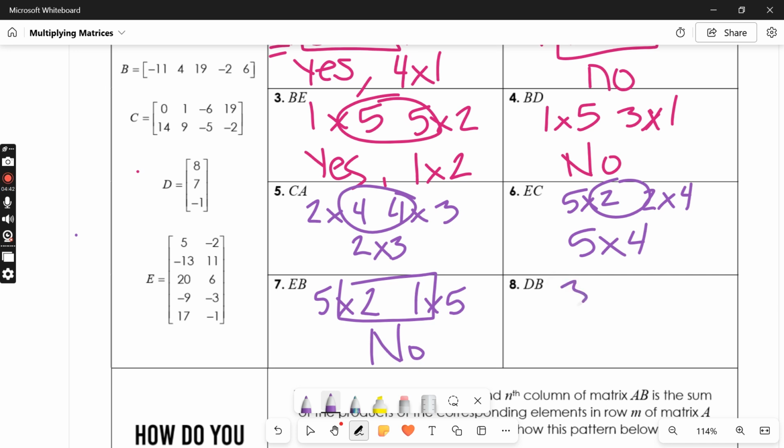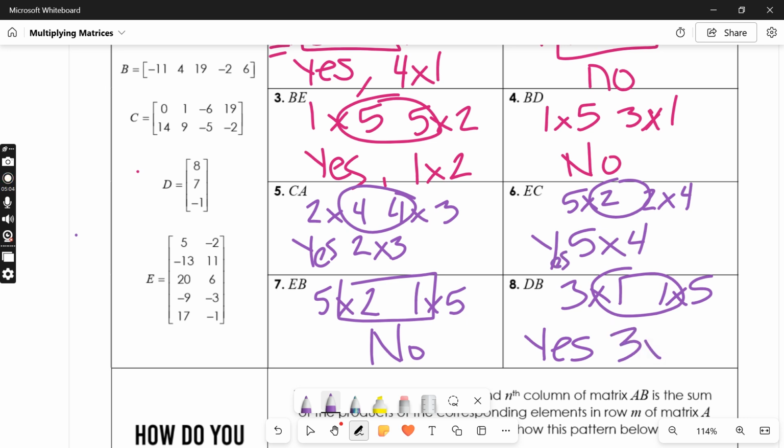D is a 3 by 1, and B is a 1 by 5. So since they match in the middle, we would say yes. And then we would say 3 by 5. Okay? So that's just checking to see if you can even multiply them together.